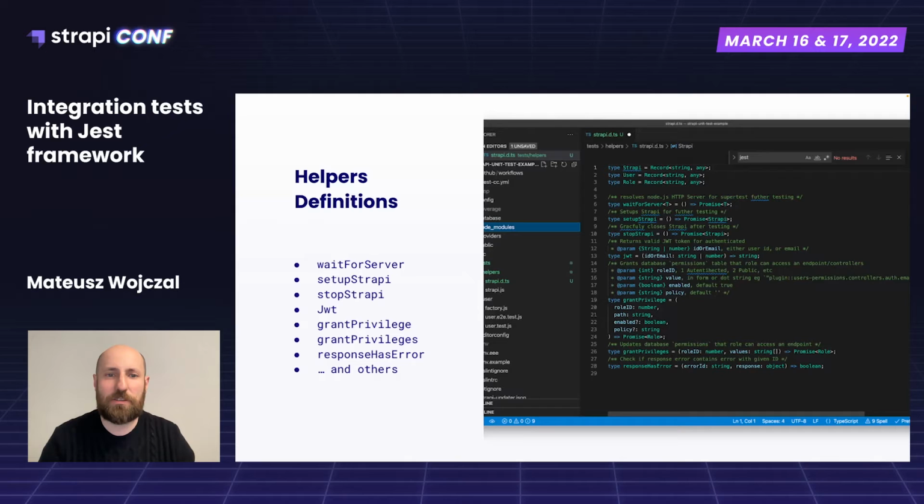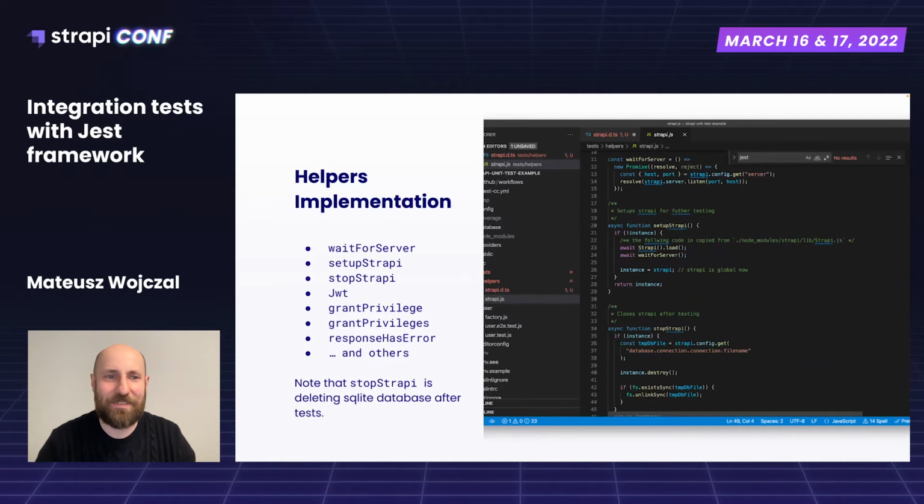It's essential because we are running tests on an empty database, and it must be set up to have the same effect as in production. And the response has errors helper just checks whether the response from the endpoint gives me the exact error I'm looking for. And there are some others that I think we don't have much time to discuss.